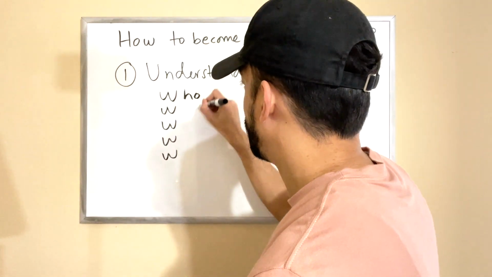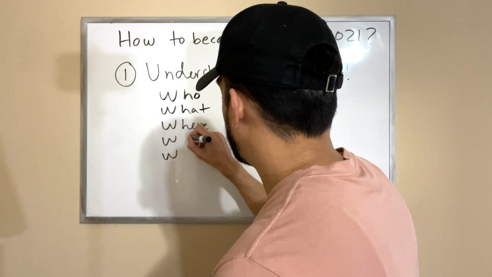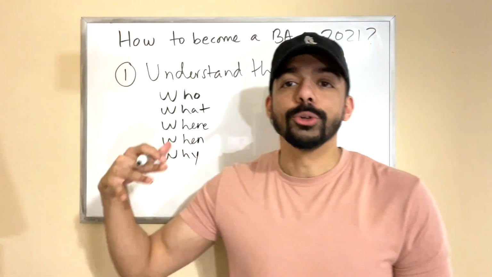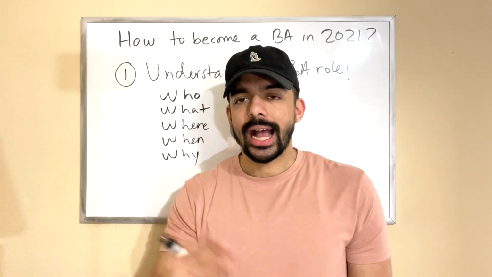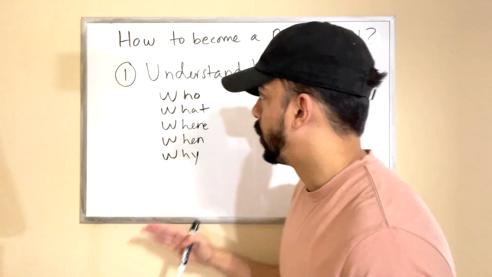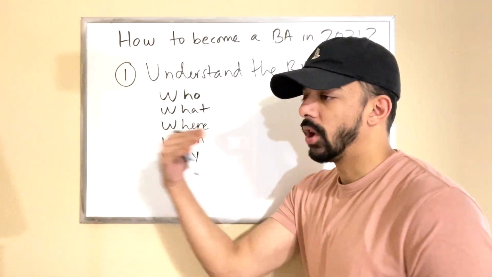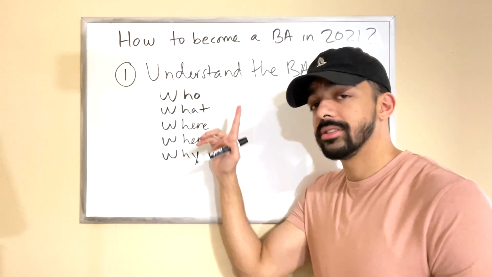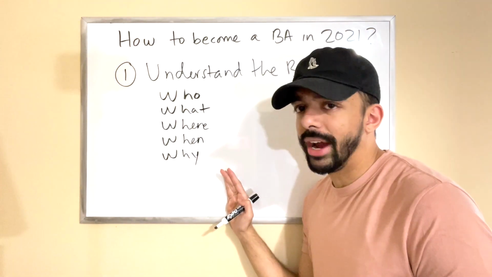Who, what, where, when, why. Remember these questions you'd remember as a kid. And so you just got to ask these questions to yourself as a business analyst, right? And to find out what a business analyst is all about, right? Who, what, where, when, and why. Now, this is not in order of how you should ask it, but you can derive the questions here.